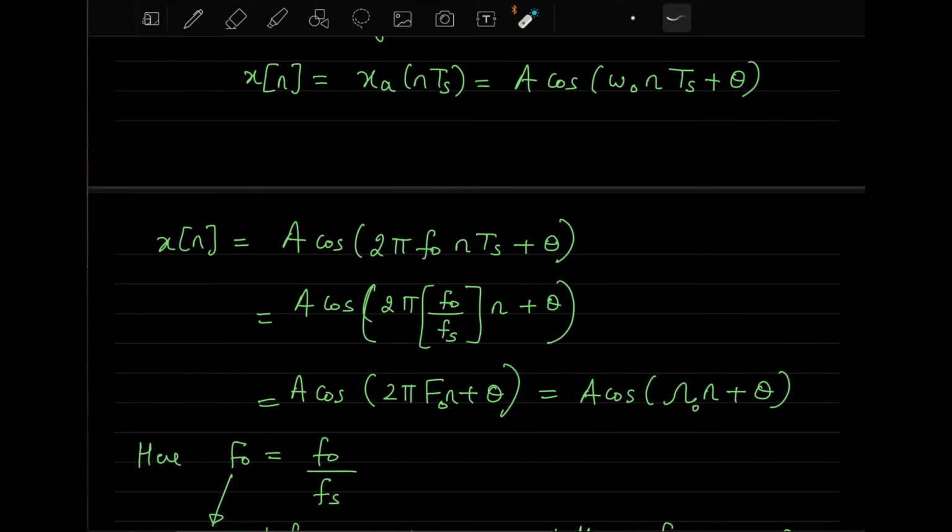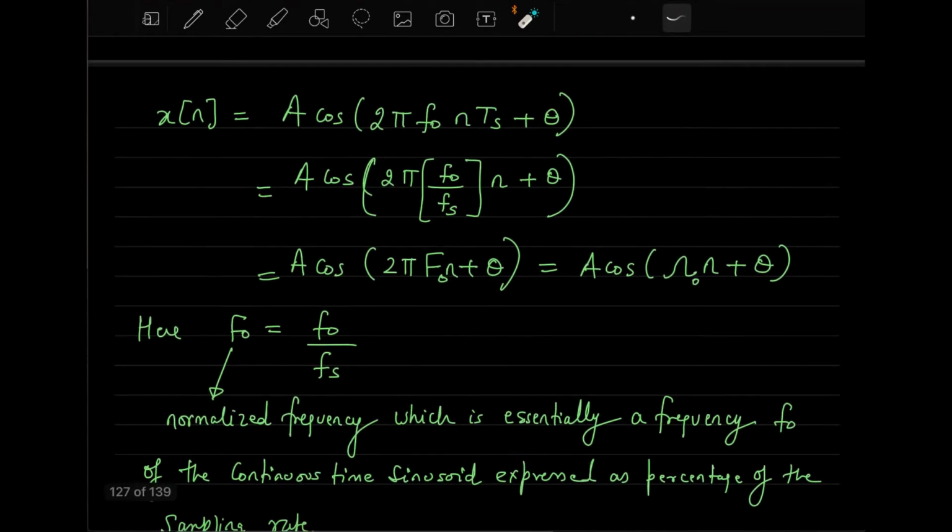In this way you can see how we have discretized the signal x(n) as this, with these new concepts coming up here. Here f0 is called a normalized frequency. I was telling you the term normalized. Regarding the dimensionless quantity, you already know why it is dimensionless.